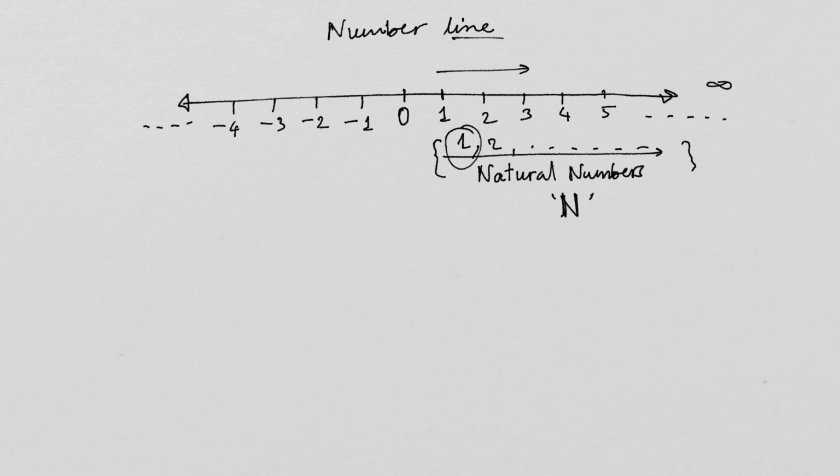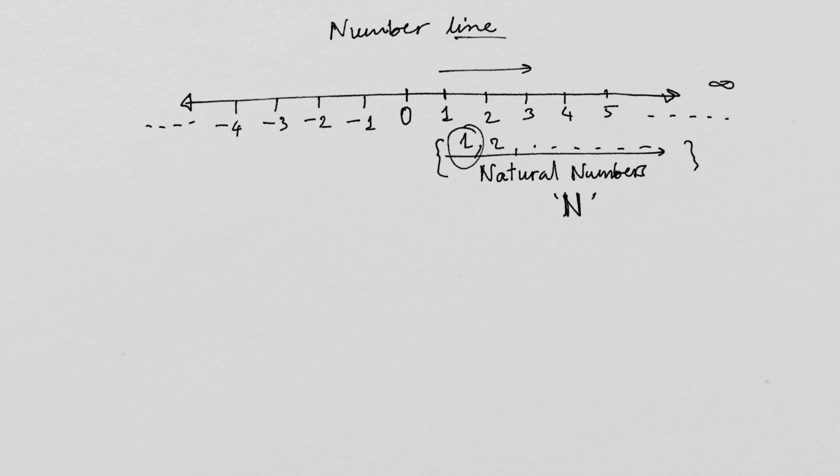Alright, then the second collection or group is whole numbers. Whole numbers are just like counting numbers, but they include 0. So 0, 1, 2, 3.